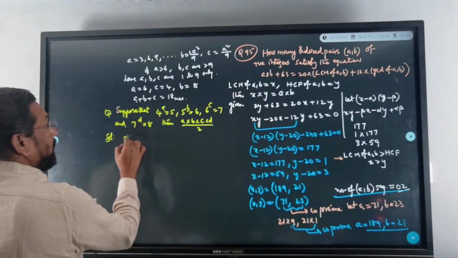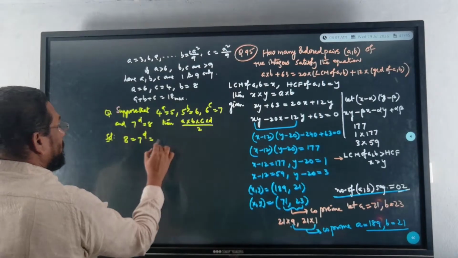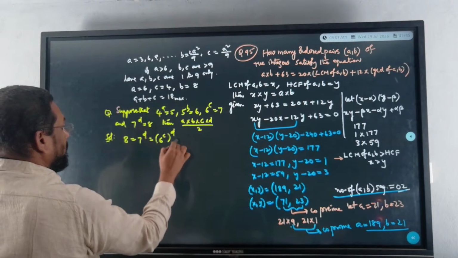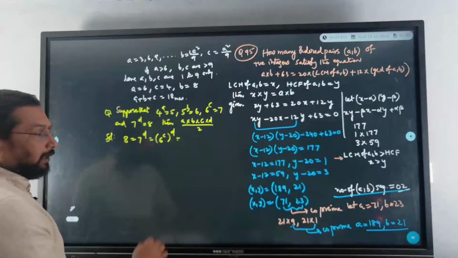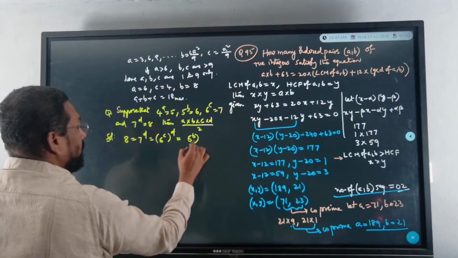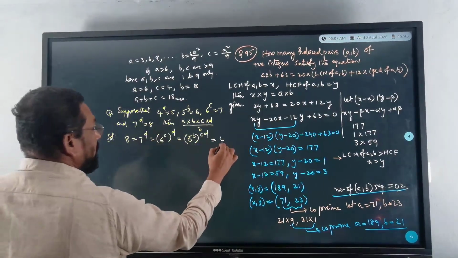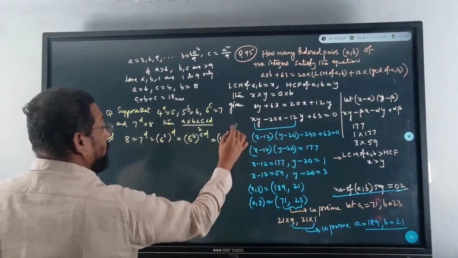8 is equal to 7 power D. 7 means 6 power C, whole power D. 6 means 5 power B, whole power CD. 5 means 4 power A, whole power BCD.